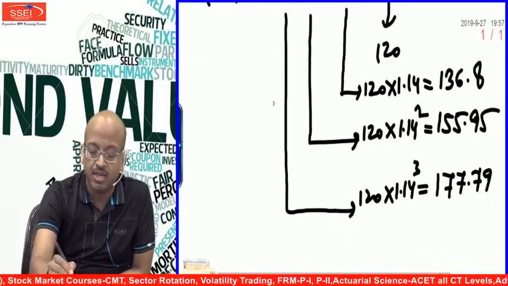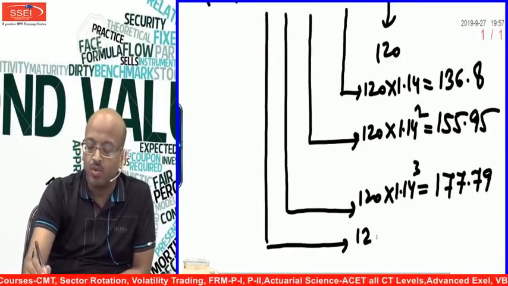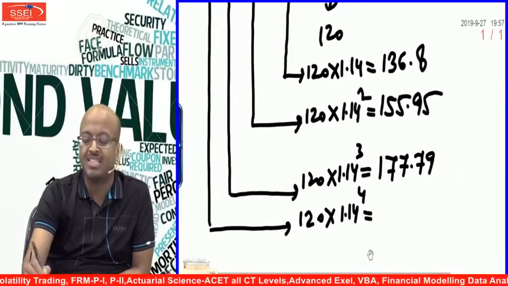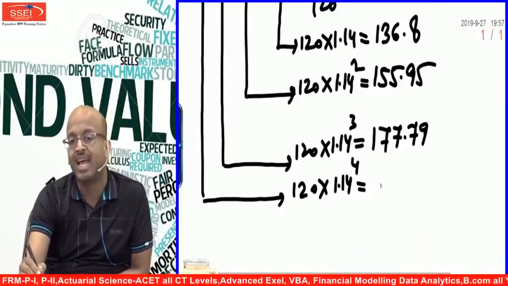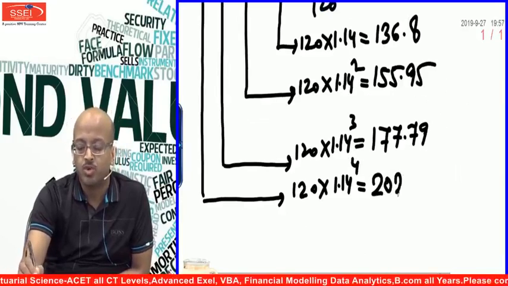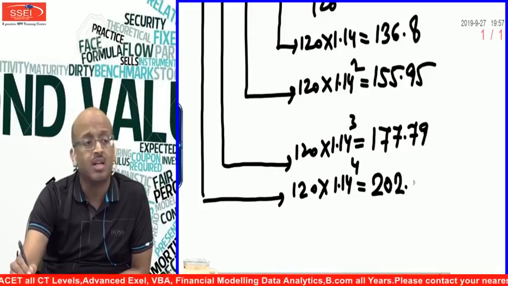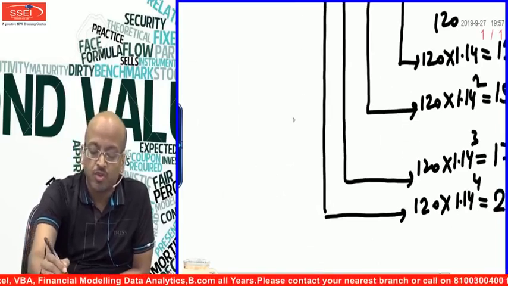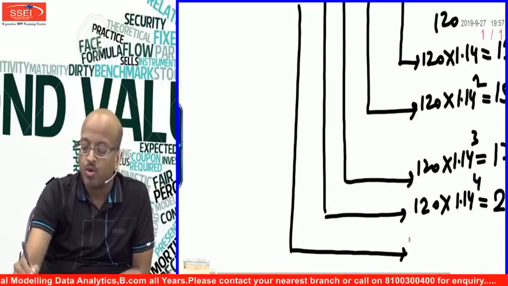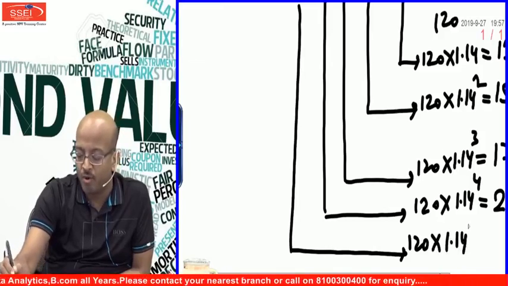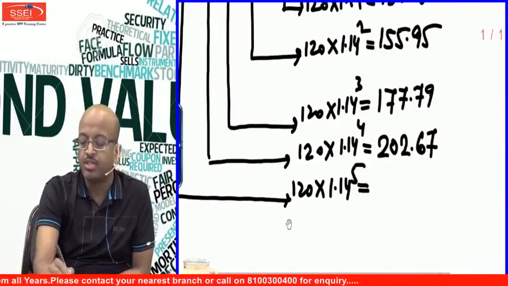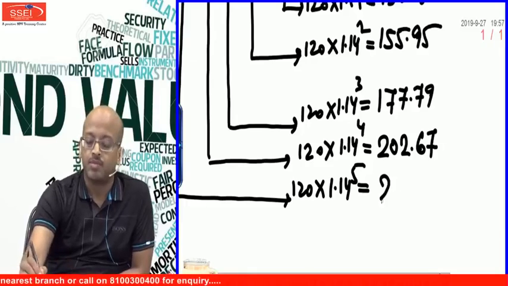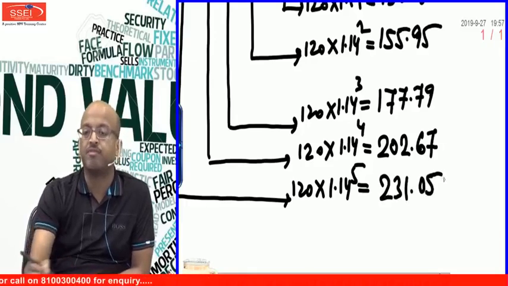Then 120 into 1.14 power 4, which is actually 177.79 into 1.14. Can I have it from you? 202.67. Next. 120 into 1.14 power 5, which is actually 202.67 into 1.14: 231.05.